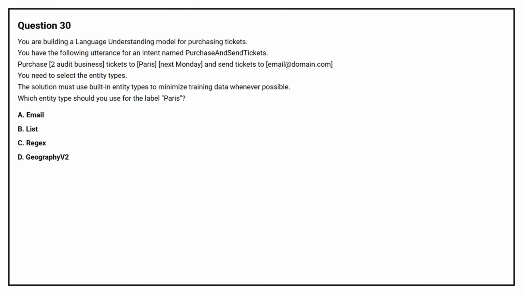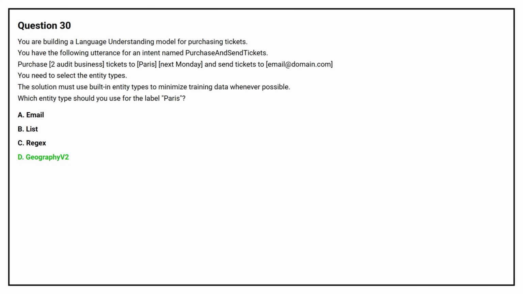The solution must use built-in entity types to minimize training data whenever possible. Which entity type should you use for the label Paris? Option A, email. Option B, list. Option C, regex. Option D, geographyV2.